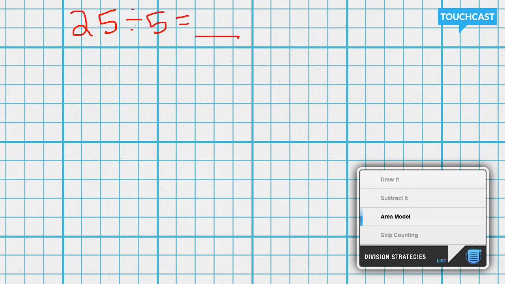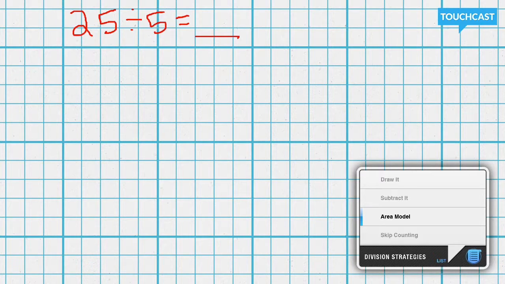Awesome job, guys. All right, so to use an area model for solving quotients, we're going to use our grid paper. You could also use a regular piece of paper, but grid paper is the easiest. You can always use your placemats or just pieces of grid paper.